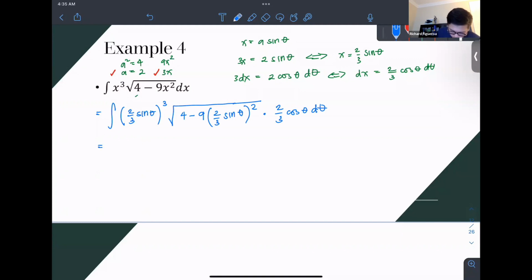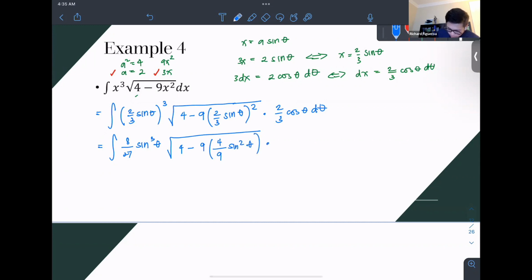So this one will become 2/3 cubed, so 8 over 27, then sine cube theta. Then 4 minus 9 times 4 over 9 sine squared theta, and multiply it with 2/3 cosine theta d theta.